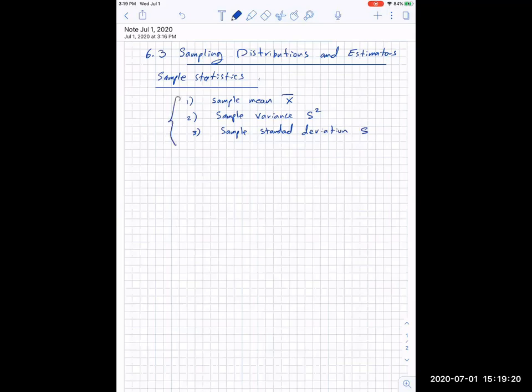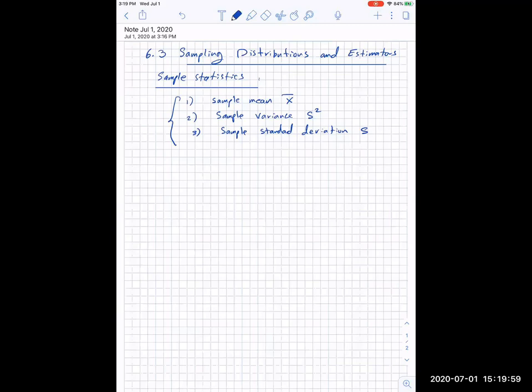Right? So each and every sample we take from the population is going to give us these three statistics, which are very important in the analysis of our data. We use these numbers in a lot of statistical methods in order to come up with a conclusion or some statistically significant results about the population that we got the sample from.